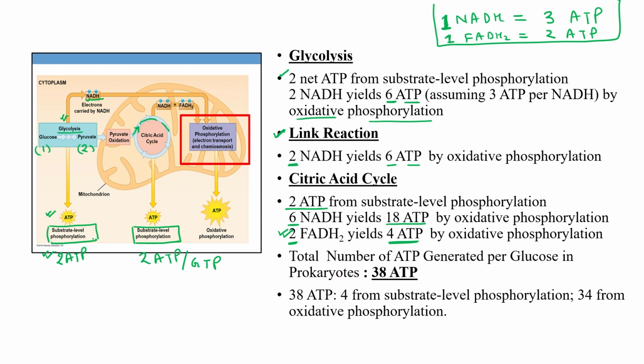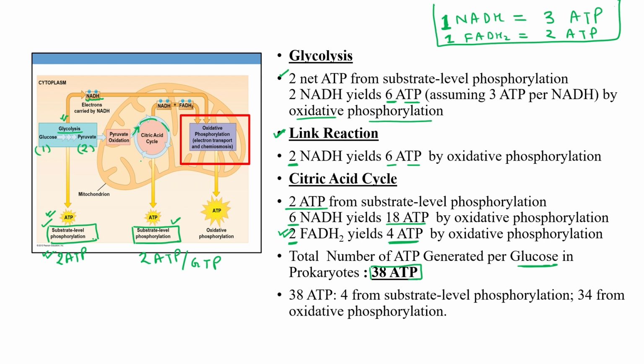Clear? So what is the total number of ATP generated per glucose molecule in the prokaryote? This is 38 ATP. Right? Of these, from substrate level phosphorylation, just now we have discussed, 2 from the glycolysis pathway, 2 from the citric acid pathway.